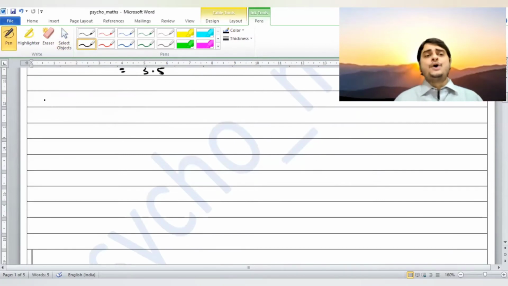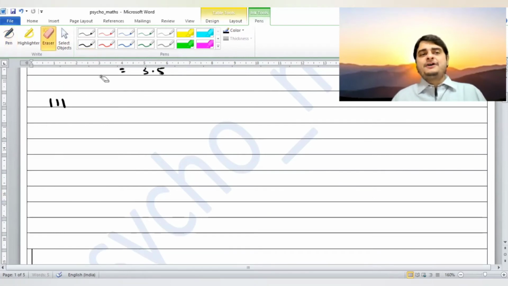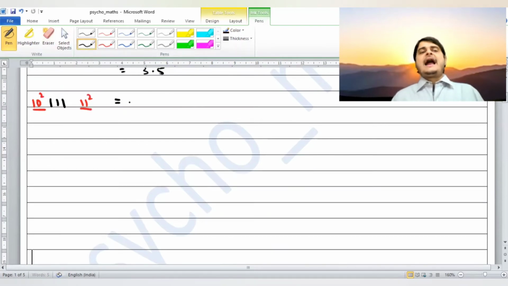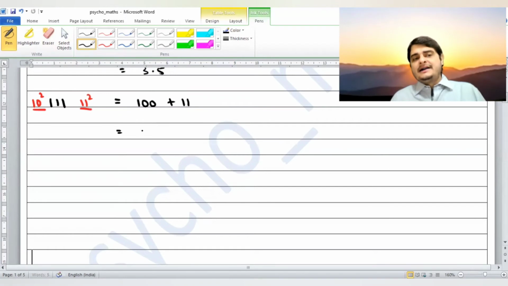Let us say I want the square root of 111. Now square root of 111, before we write, we need to check the two consecutive numbers. It is 10 square and 11 square. So this will be written as 100 plus 11. 100 is square of 10 plus 11 upon double of 10.